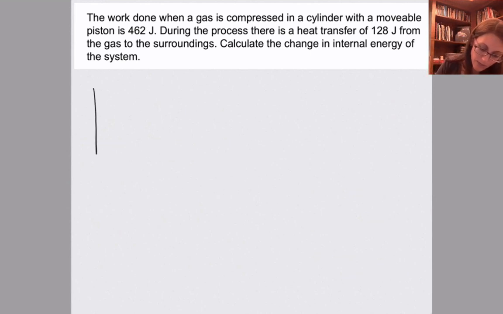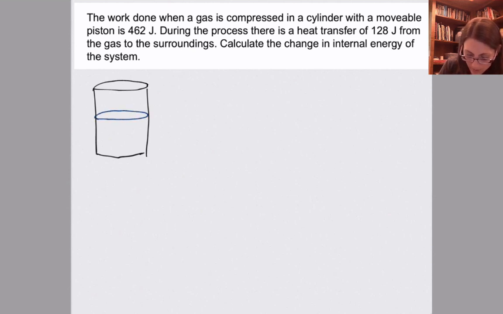So here's my gas cylinder, okay? And this gas cylinder has a movable piston in it. And so this is some sort of device, some sort of disc that's going to close off and keep the gas separate from the surroundings. And this piston is able to slide up and down.